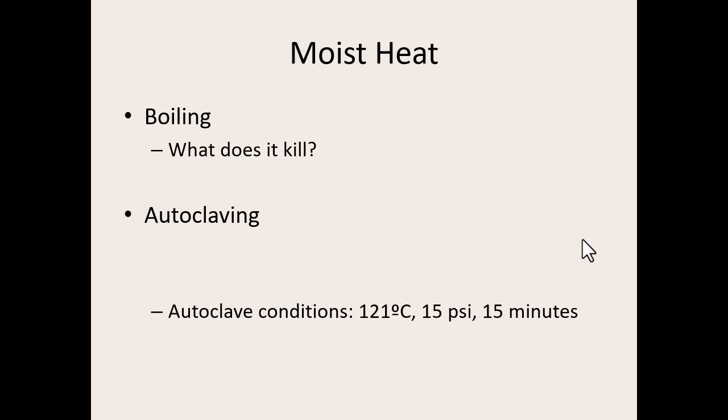So one thing to help us increase how much we can kill is what's known as autoclaving. And that's why we've got a big old autoclave right by your lab coats upstairs that hisses and beeps and all that stuff. The difference with an autoclave is we increase the pressure, which allows us to increase the temperature.